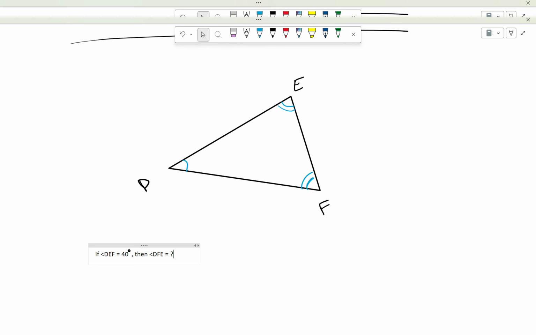And this should be pretty straightforward: if DEF and DFE both have been marked with the double arc mark, meaning that they are congruent, then if DEF is 40 degrees, DFE is equal to 40 degrees. And the little degree symbol is that little circle to the upper right of the number when you're finished writing it. Okay.